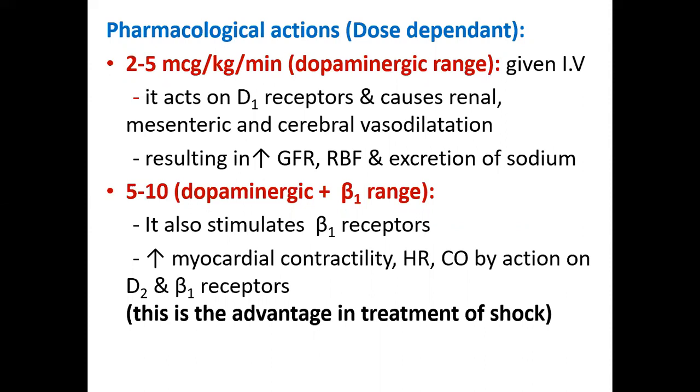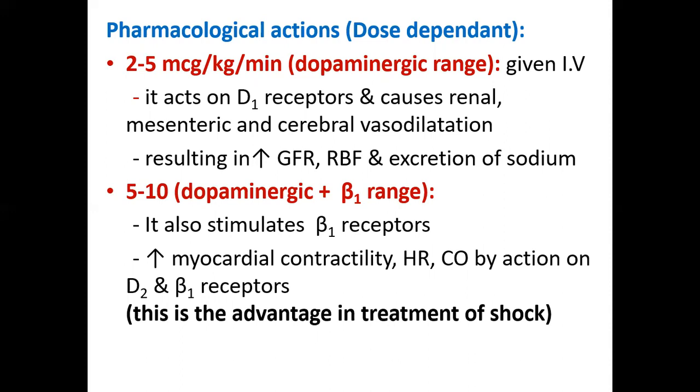At a dose of 5 to 10 micrograms per kg, it has both dopaminergic as well as beta 1 actions. It also stimulates beta 1 receptors, mainly increasing myocardial contractility, heart rate and cardiac output by action on D2 as well as beta 1 receptors. This is an added advantage in the treatment of shock.